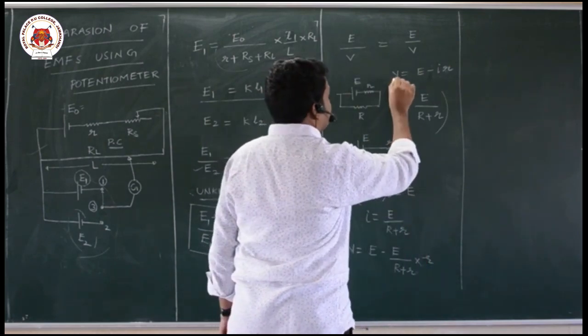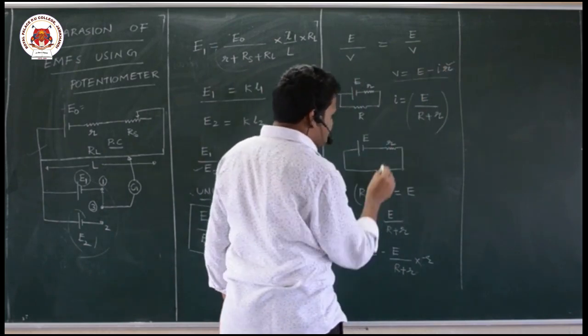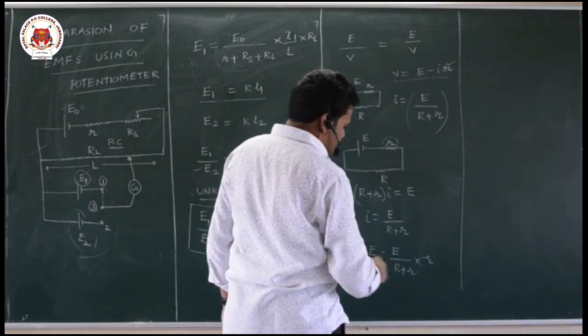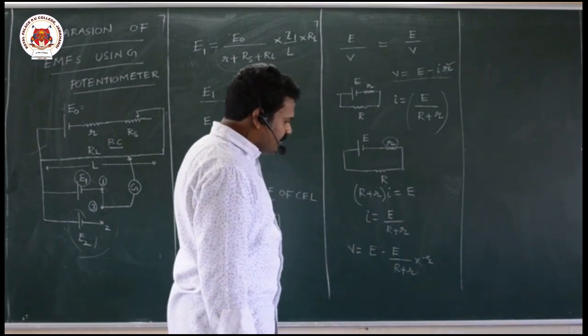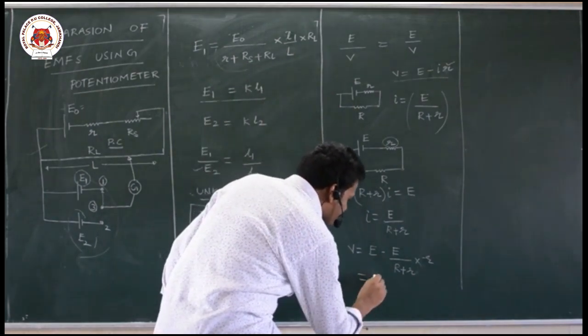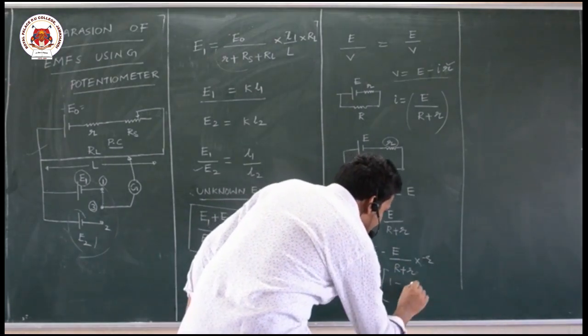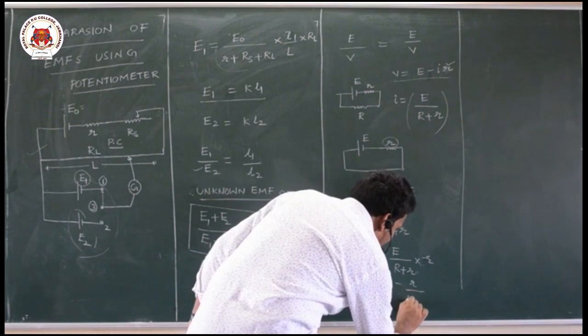V is equal to E minus Ir, where r is the internal resistance; here we assumed the internal resistance as small r. So what you will get: E into small r by capital R plus small r. Here I can take E common: E into 1 minus small r by capital R plus small r.